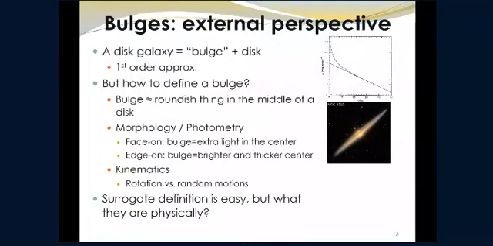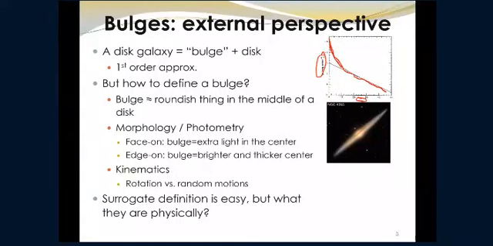But the definition of a bulge is also not easy. To the first order, you can imagine this is surface brightness, and that's radius. This galaxy is essentially an exponential disk, shown as this straight line, and a central concentration.